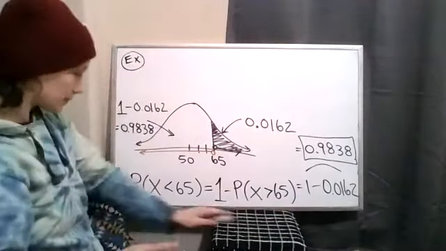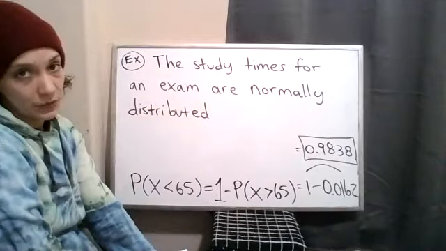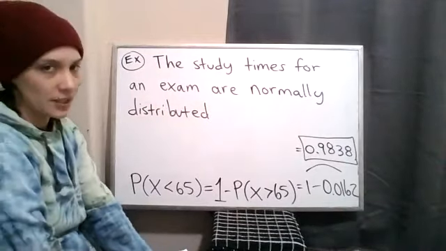The study times are normally distributed with the mean of 4 hours and standard deviation of 2 hours.